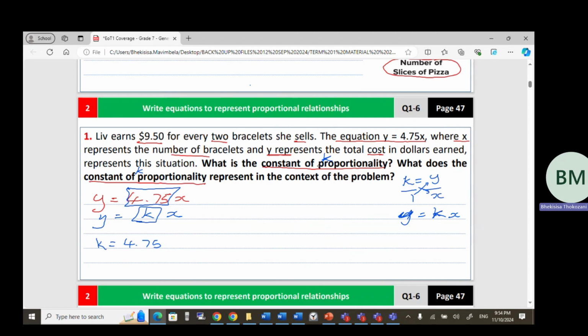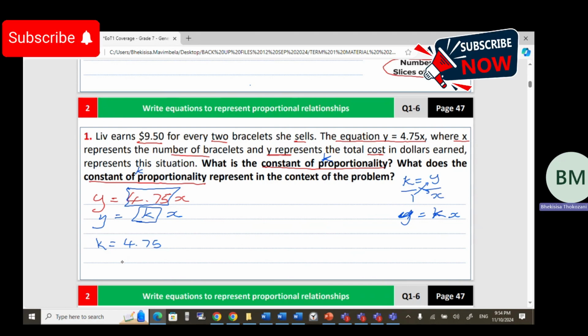Remember, k is constant of proportionality. All right. So what does that mean? So now I've answered the A part of the question.